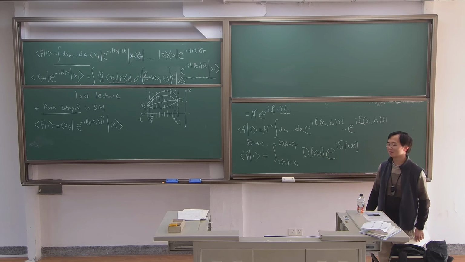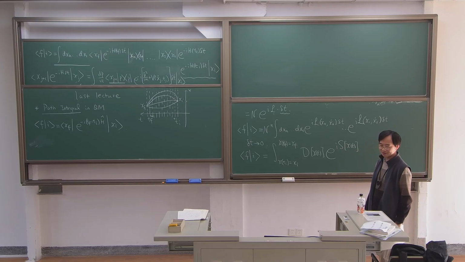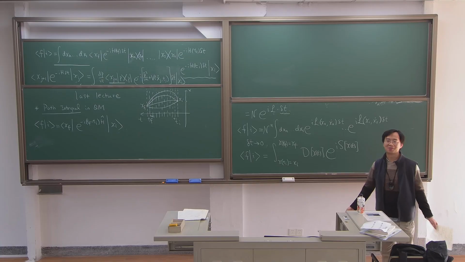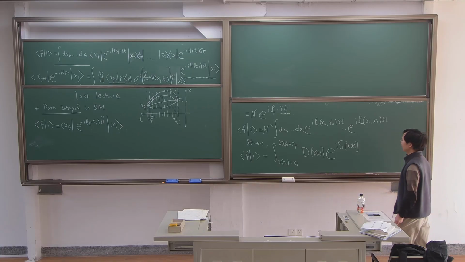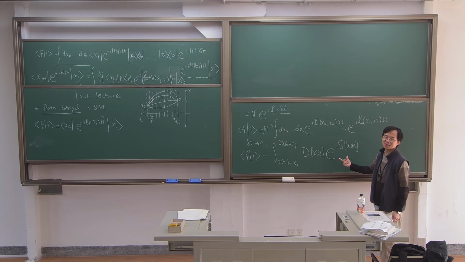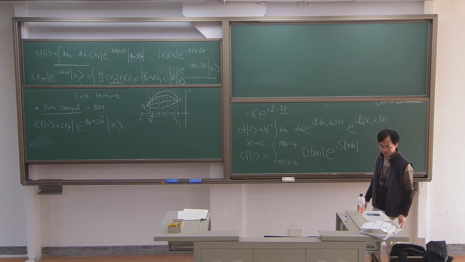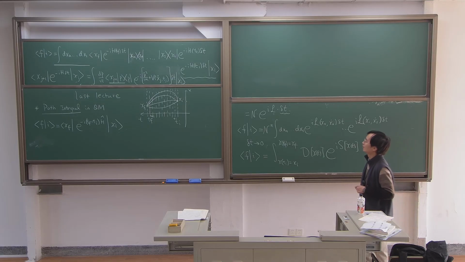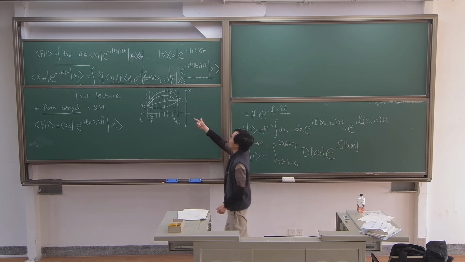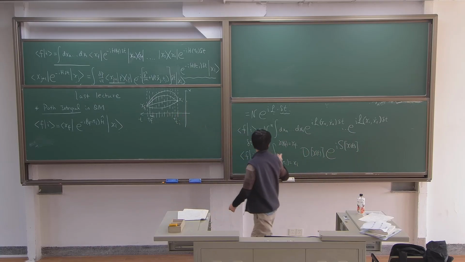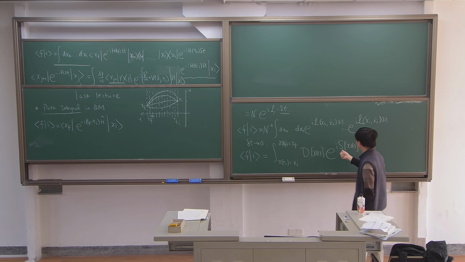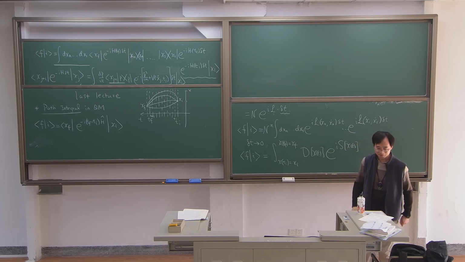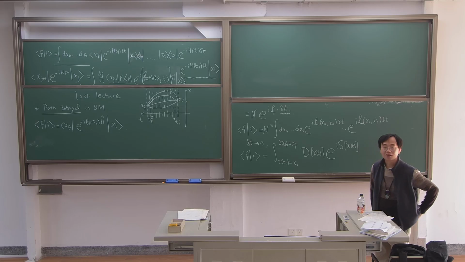We know every integral must be some sum. This is a little complicated sum, but it's a sum. It's not a big deal. If you tell me all these paths and the weight factor, the action for each path, then I can sum them together and get a result.